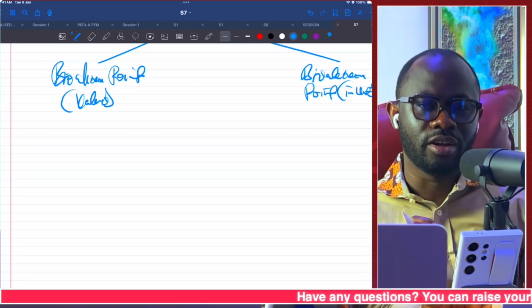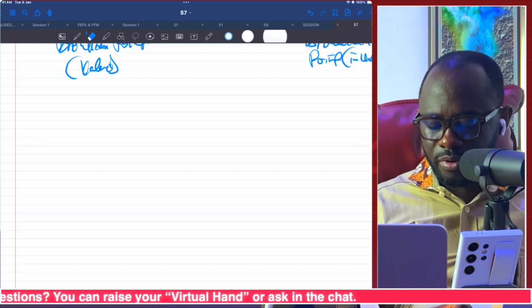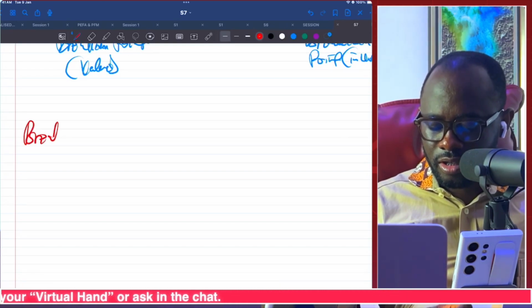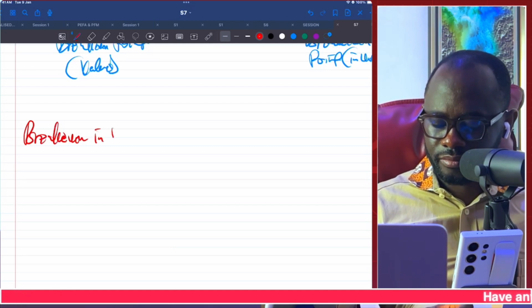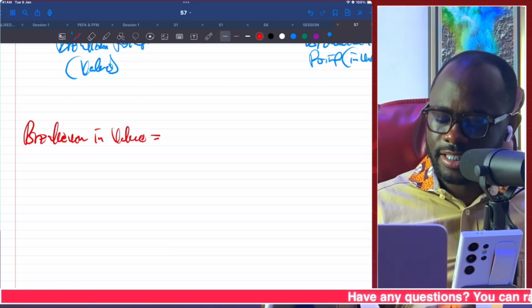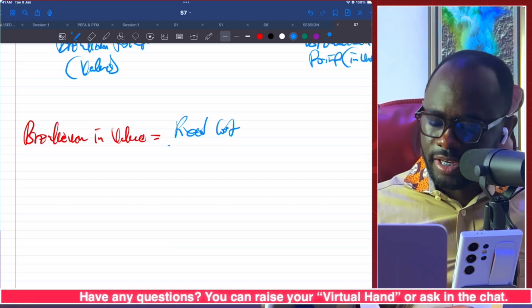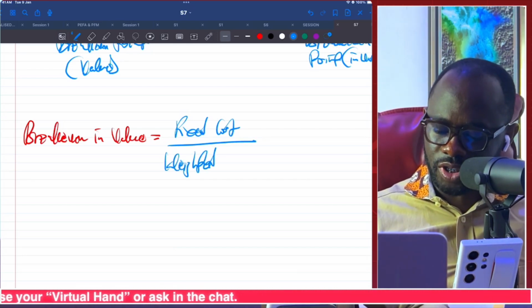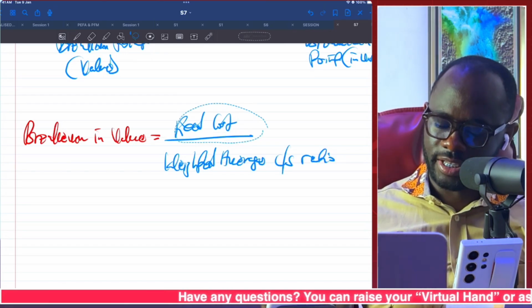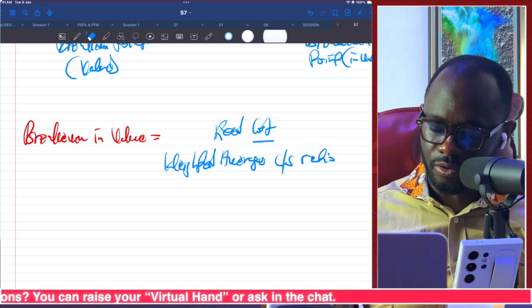Let's do first the break-even point in value. In a multiple product environment, the break-even point in value is your fixed cost divided by weighted average contribution to sales ratio. Weighted average CS ratio.